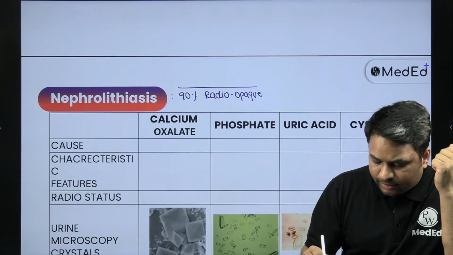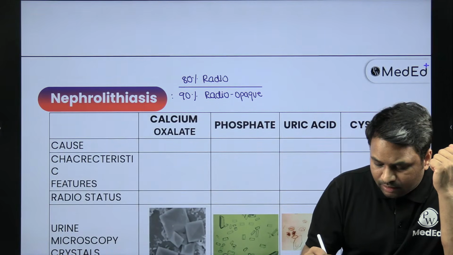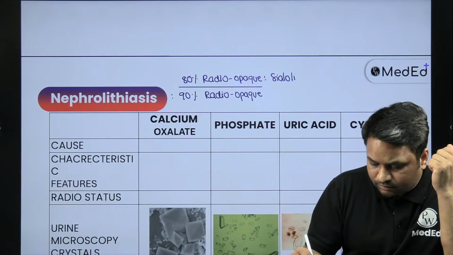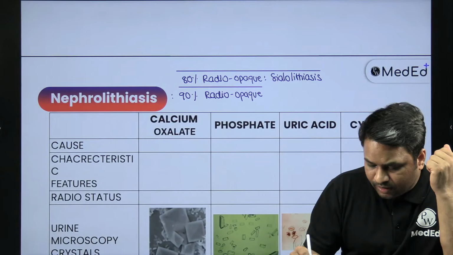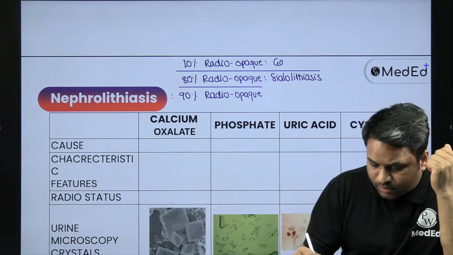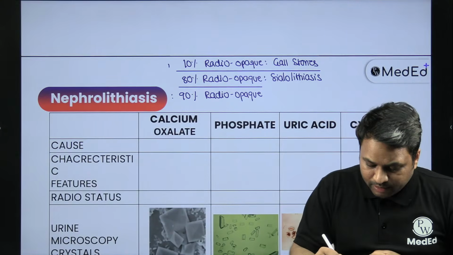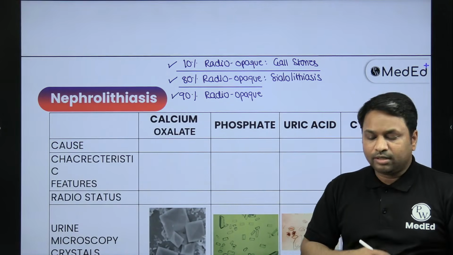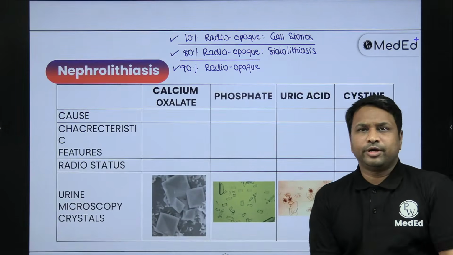If you extrapolate this data, you will find that 80% of the stones are radio-opaque in sialolithiasis, and 10% of them are radio-opaque in gallstones. So that's the data that you need to remember about radio-opacity.